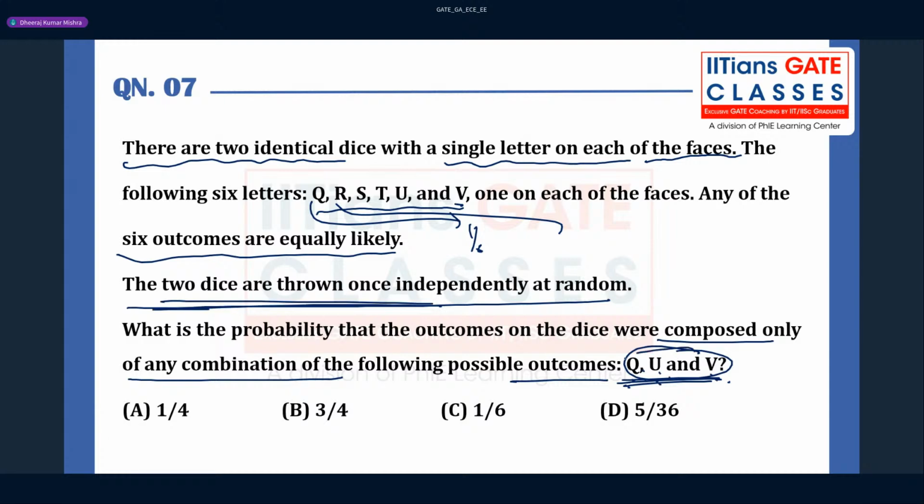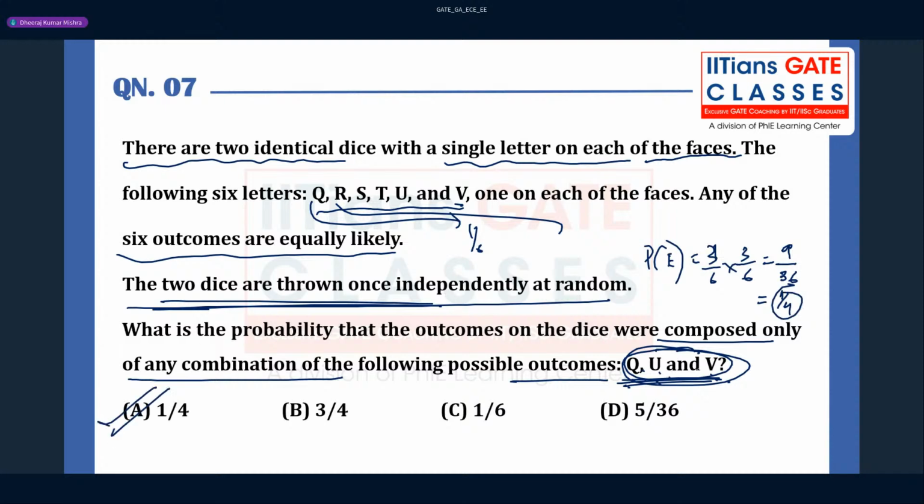So the probability of the event is going to be 3 by 6 into 3 by 6. That is nothing but 9 by 36, which is nothing but 1 by 4. So answer is A.